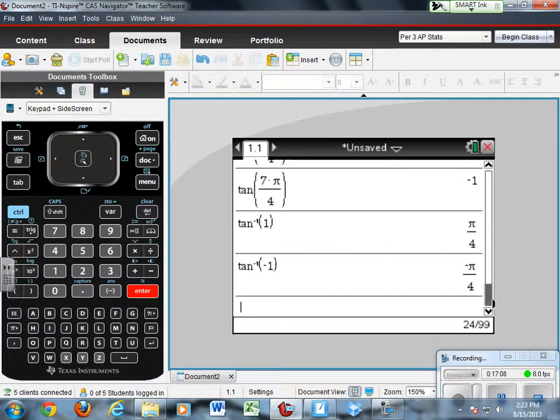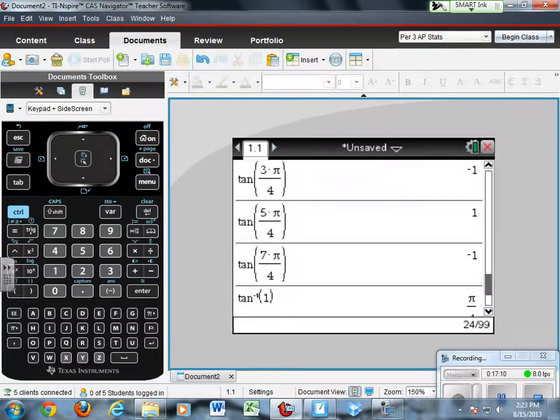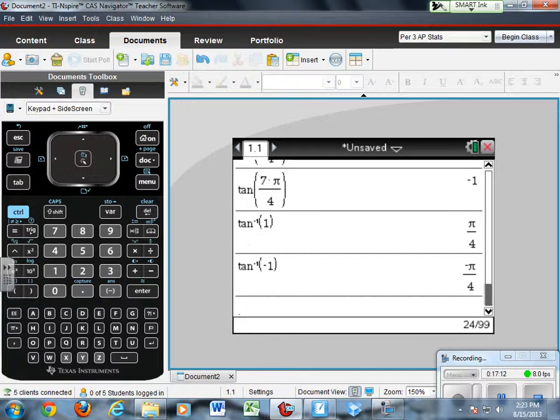Interesting. There were 2 places up here, 3 pi over 4 and 7 pi over 4, where I got negative 1. But when I did inverse tangent, I got negative pi over 4. Just like when I did inverse sine of negative 1/2, I got negative pi over 6. So what this is doing is taking me backwards into quadrant 4 as a negative angle. So if we go back and look at our graph here, that should make sense.